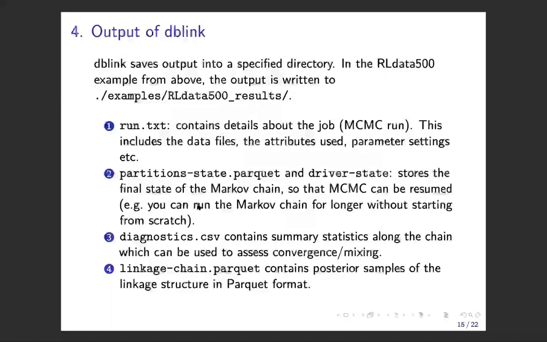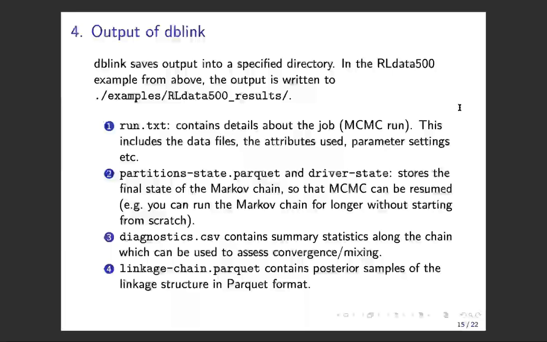These are the outputs. So run.txt again contains all the details of the MCMC run. There's a partition-state.parquet file and a driver-state file that store the final state of the Markov chain. This is useful so that the MCMC can be resumed, and in this way you can run the Markov chain for longer without having to start from scratch.